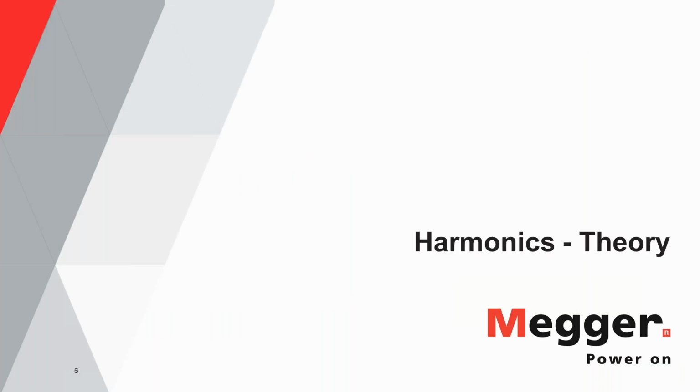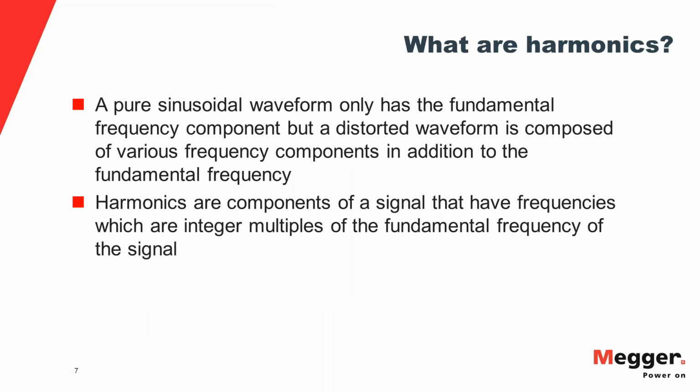So theory, what are harmonics? If you see a clean waveform, a pure sinusoidal wave, that waveform will consist only of the fundamental frequency component. What do you mean by fundamental frequency? Fundamental frequency is the system frequency. So in a 60 Hertz system, the fundamental frequency is 60 Hertz.